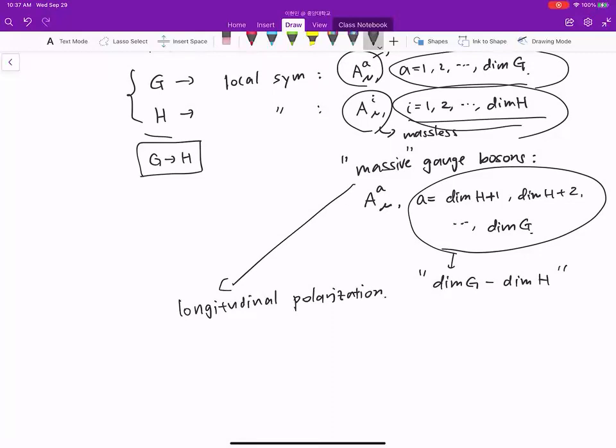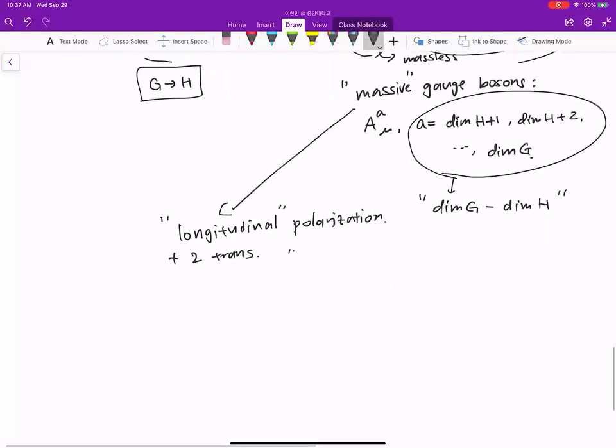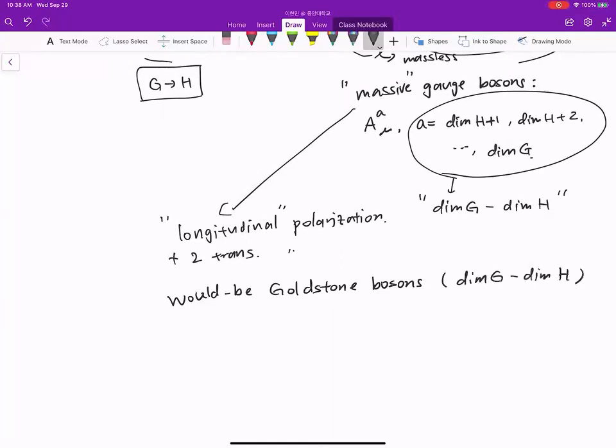So there are three, right? Two transverse plus longitudinal. This longitudinal component is what we call the Higgs mechanism, because of the would-be Goldstone boson. So we have this amount in global symmetry.